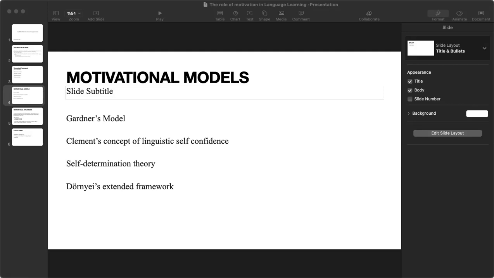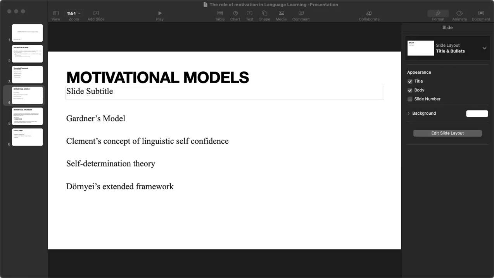And here we also see a reference to extrinsic and intrinsic motivation. These two different types of motivation form the basis of Deci and Ryan's theory.